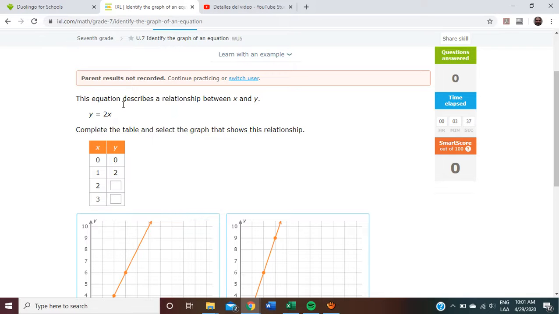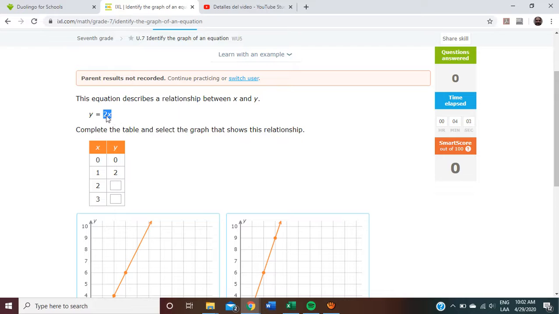You have to remember that when we have a constant, like a number, like 2, 3, 4, 6, or whatever, together with a variable, a letter like x, y, z, m, r, t, whatever letter, it is implying multiplication.